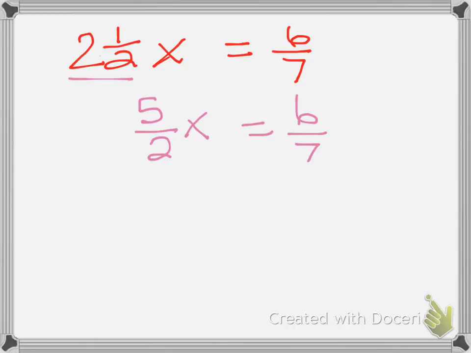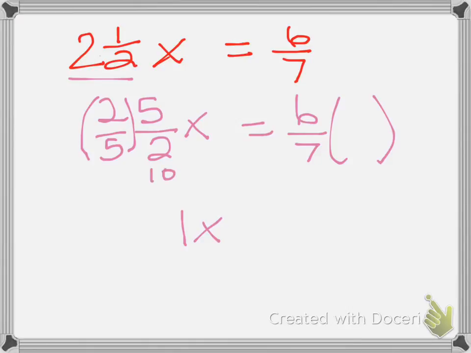Okay, I need to get this x by itself, so that means I need the 5/2 to go away. So to make 5/2 become 1, we're going to multiply by 2/5. 2 times 5 is 10, 5 times 2 is 10. 10 divided by 10 is 1.